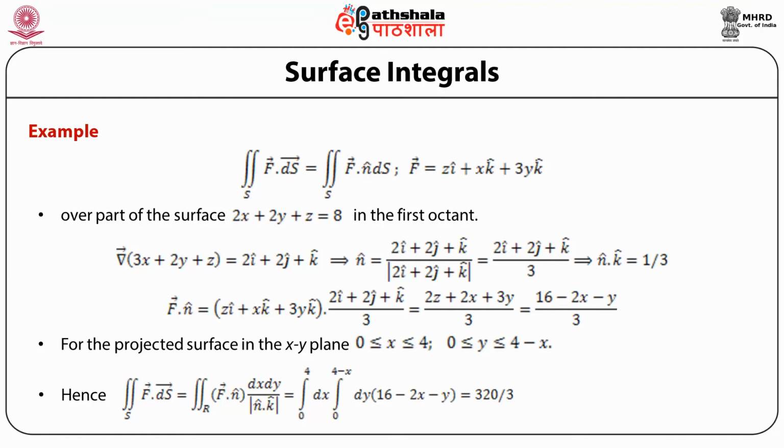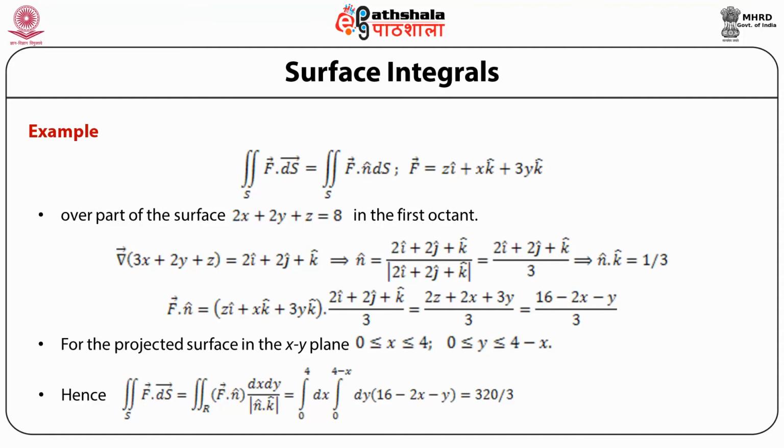So del of 2x plus 2y plus z is equal to 2i cap plus 2j cap plus k cap, which implies that n cap is equal to 2i cap plus 2j cap plus k cap divided by mod of 2i cap plus 2j cap plus k cap, which is equal to 2i cap plus 2j cap plus k cap divided by 3, which implies that n cap dot k cap is equal to 1 divided by 3.